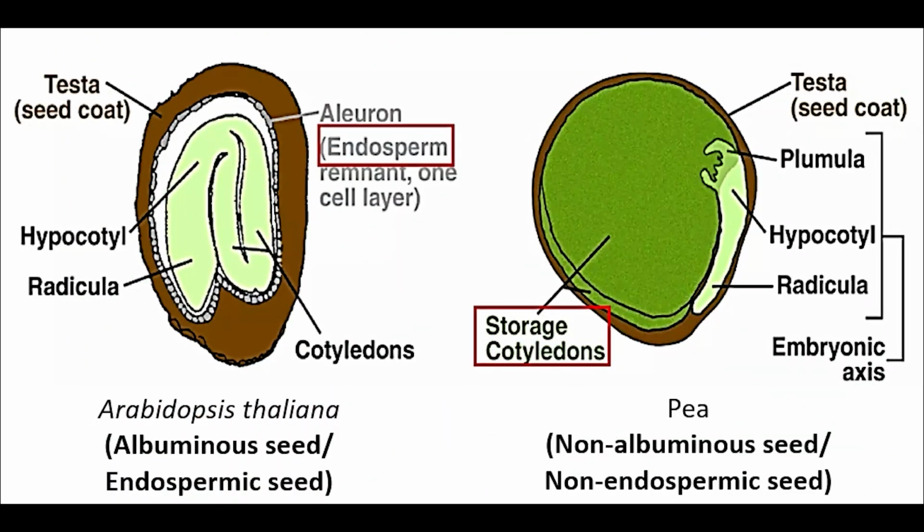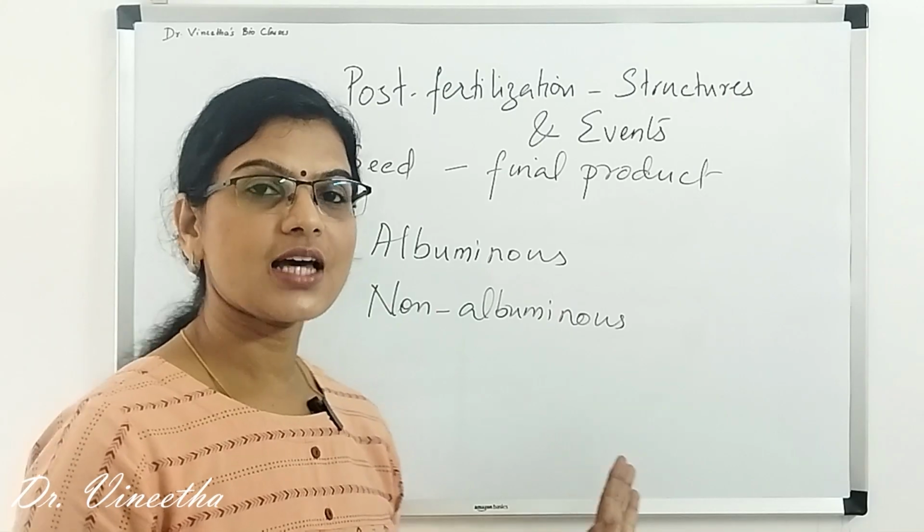That is, it is not completely used by the embryo during its development, and it is reserved for the seed germination. So such seeds are known as albuminous seeds. And what about the non-albuminous or the ex-albuminous seeds? They won't have the endosperm. The endosperm will be completely consumed by the developing embryo. So these are the two types of seeds.